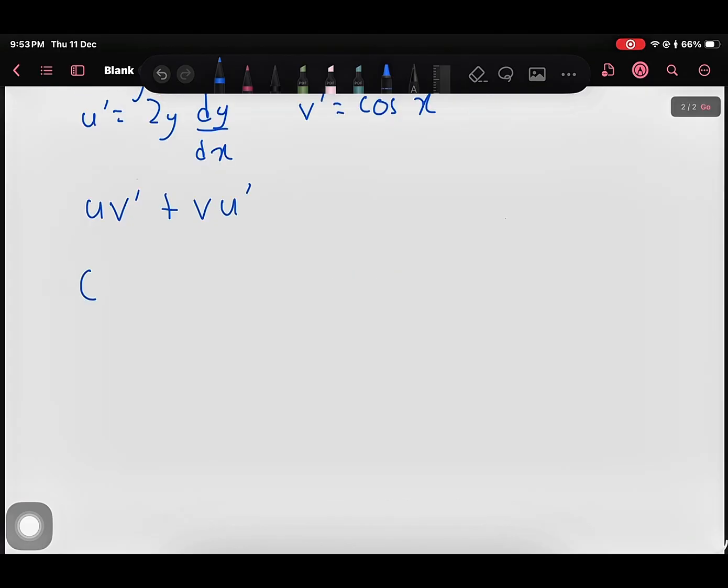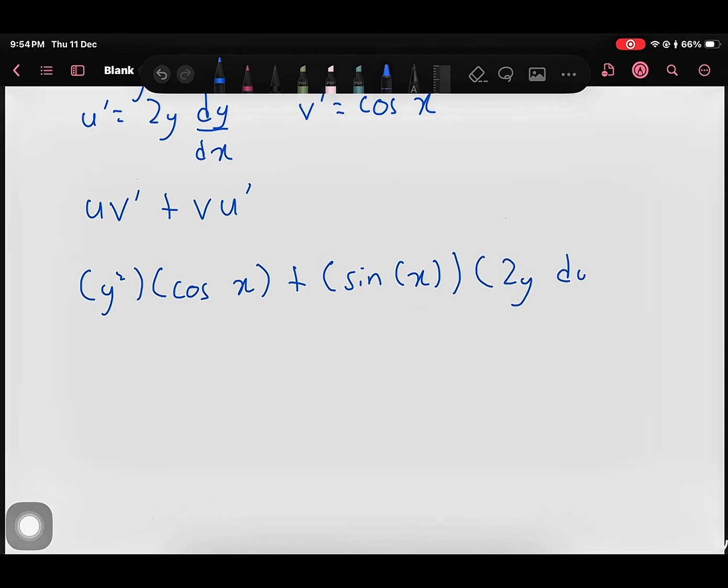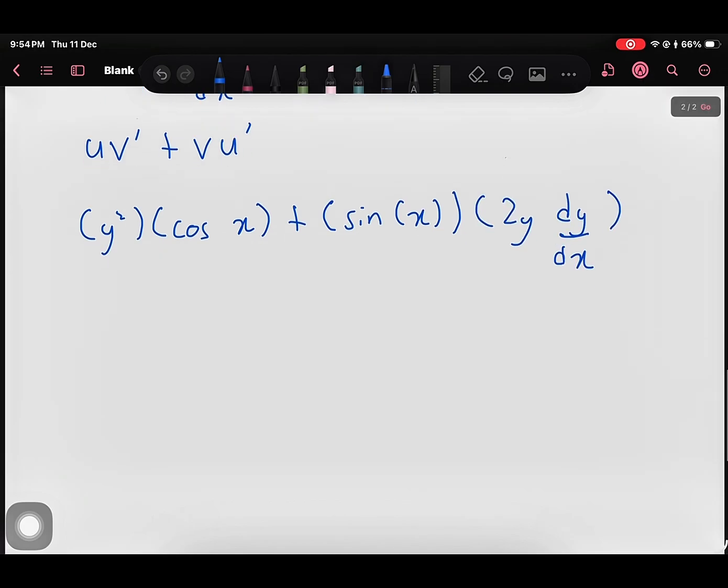Next, we will insert it into the formula: y power of 2 cos x plus sin x 2y dy dx. And a prime will be y power of 2 cos x plus 2y dy dx sin x.